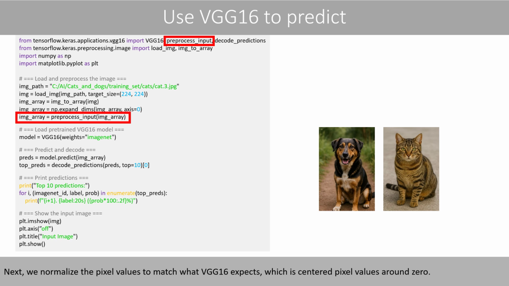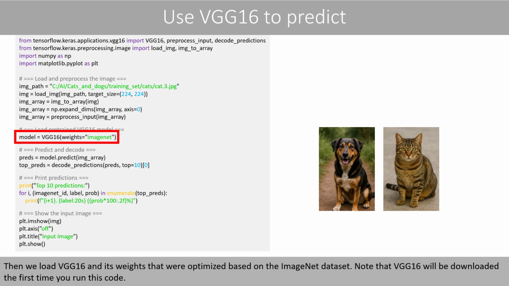Next, we normalize the pixel values to match what VGG16 expects, which is centered pixel values around 0. Then we load VGG16 and its weights that were optimized based on the ImageNet dataset. Note that VGG16 will be downloaded the first time you run this code.